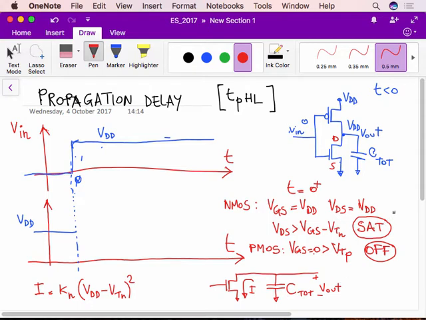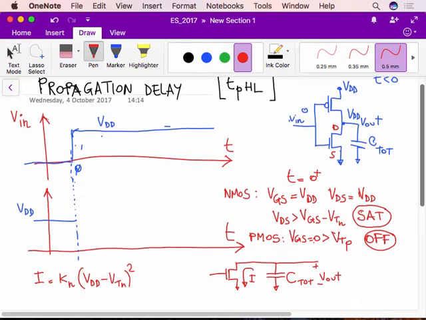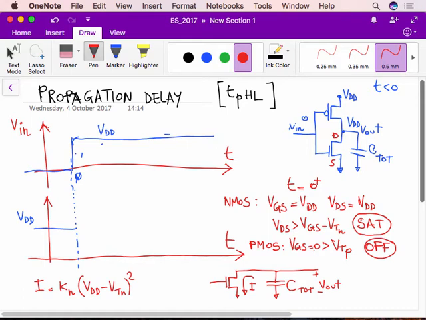And you also should know the law that governs the behavior of a capacitor. Considering this sign, let's look at the sign. When the current is positive, the voltage on the capacitance decreases because you are discharging the capacitor.